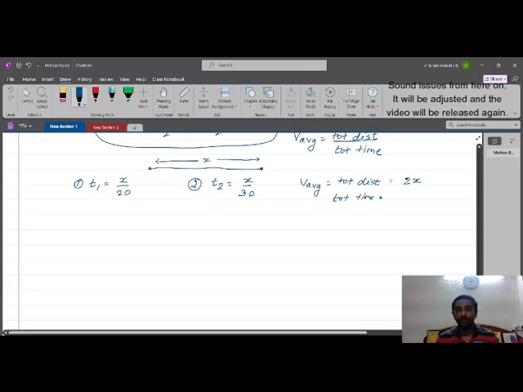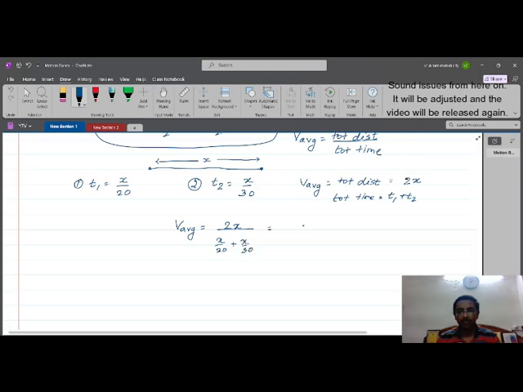The total time will be the time taken to go in one direction plus the time taken to go in the other direction. Fine. So now let us put all these values together: the total distance is 2x and the total time taken is x upon 20 plus x upon 30.